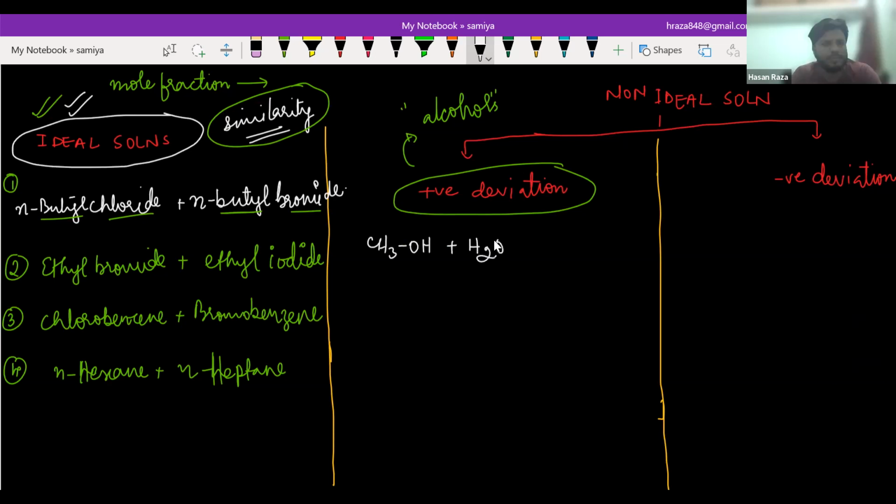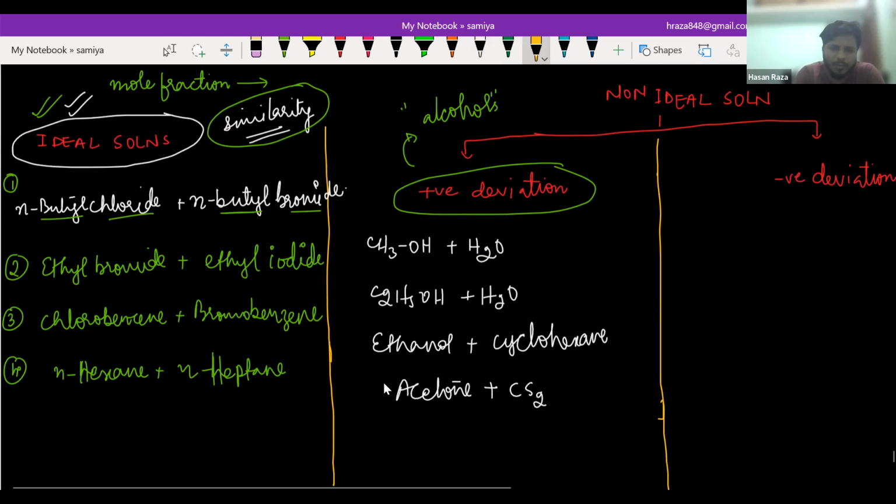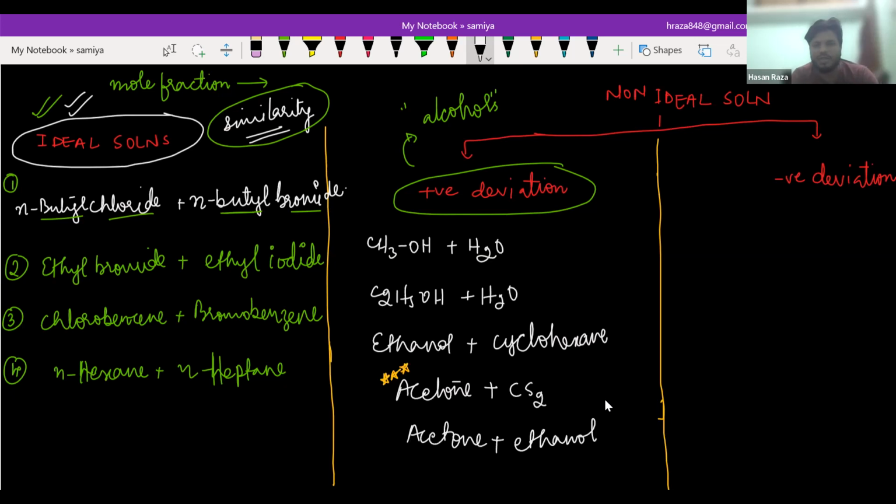There will be some exceptions; you have to learn them. Remember: methanol plus water, ethanol plus water, ethanol plus cyclohexane, acetone plus CS2, and acetone plus ethanol. There is alcohol, so it will show positive deviation.